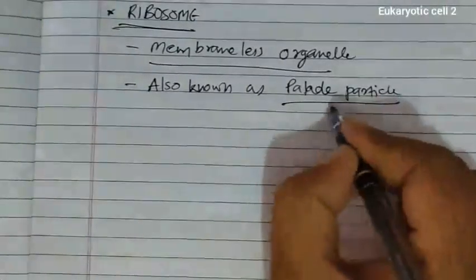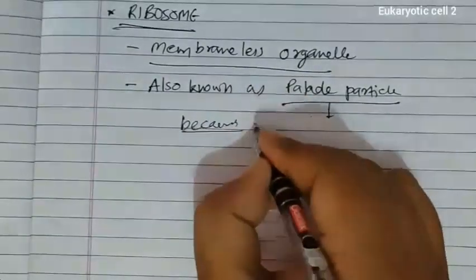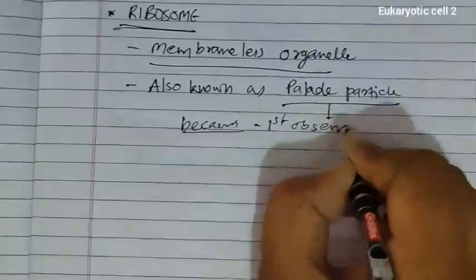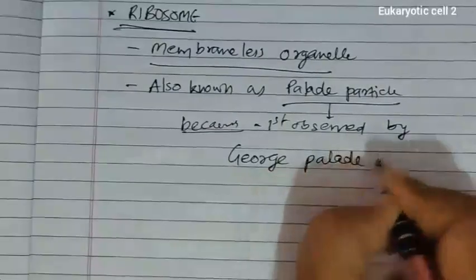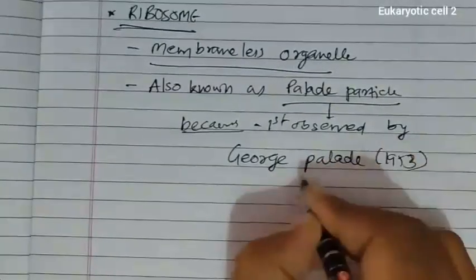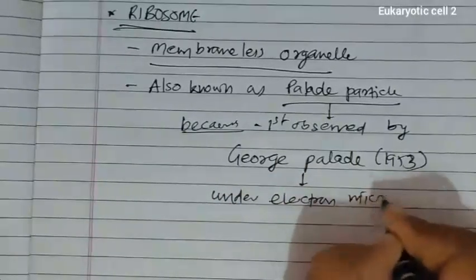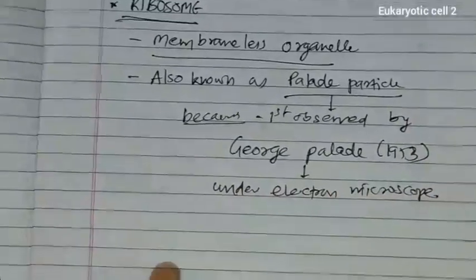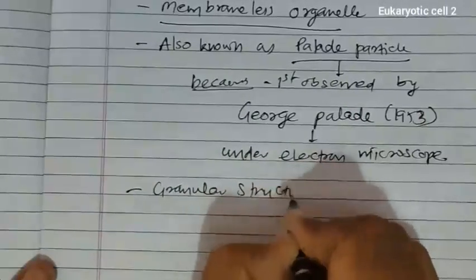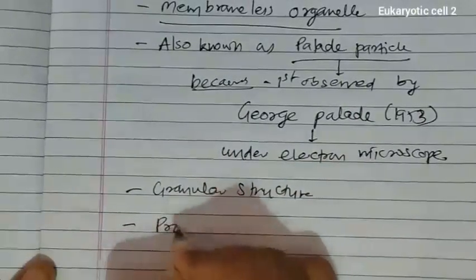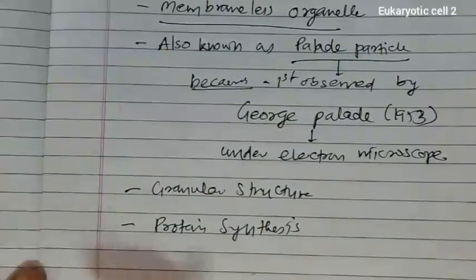Known as Palade particle because it was first observed by George Palade in 1953 under an electron microscope. It is a granular structure involved in protein synthesis.